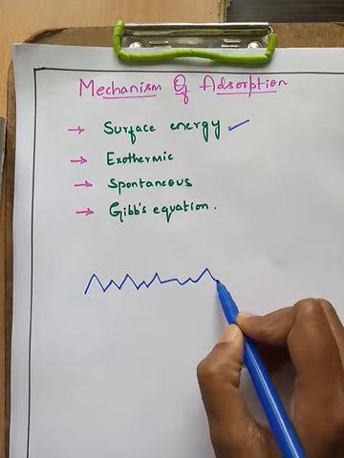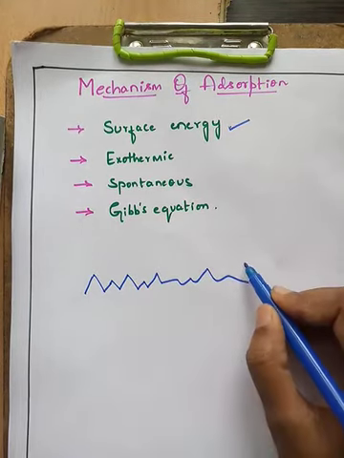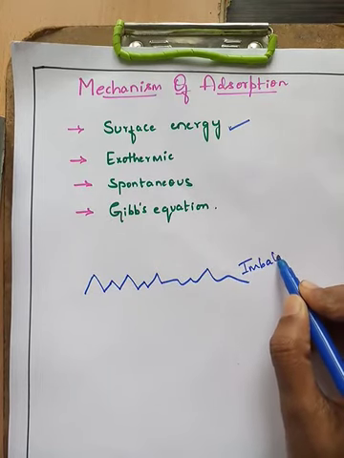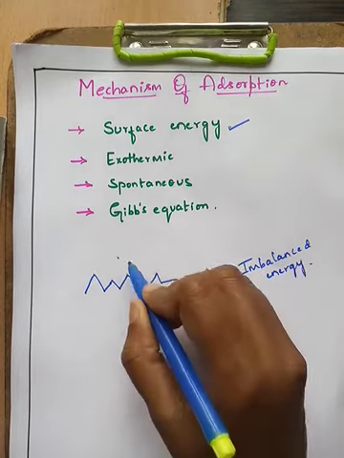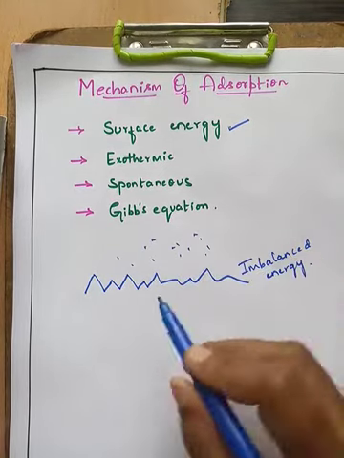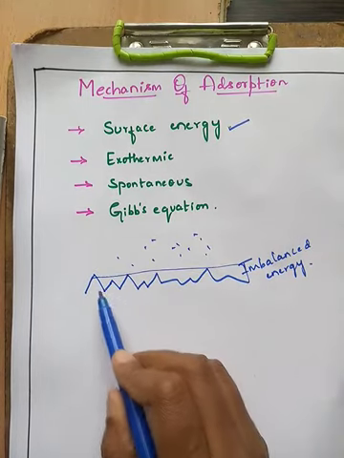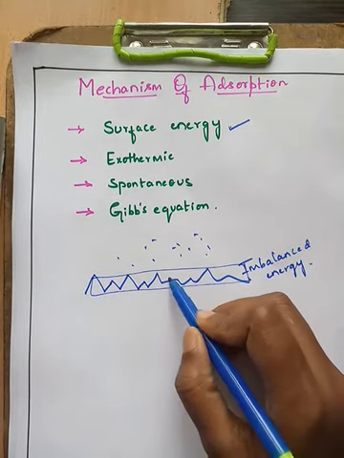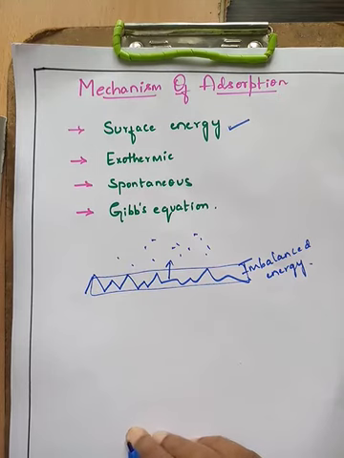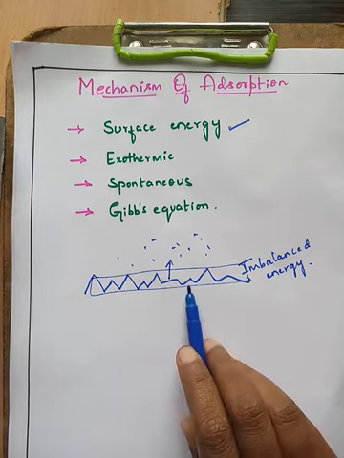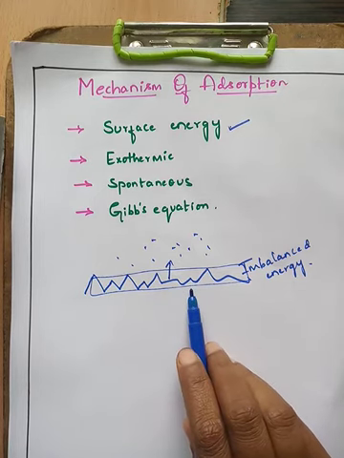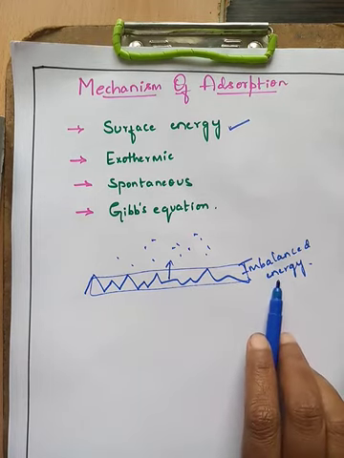The surface will be like this, and you can call this the imbalanced energy. And here will be the adsorbate. In order to balance this imbalanced energy, the surface of the solid will attract the adsorbate towards it. So that is about the surface energy, and how adsorption takes place. This is the main reason why adsorption takes place on the solid surface, due to the imbalanced energy.